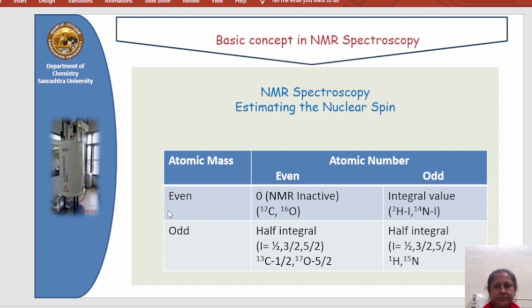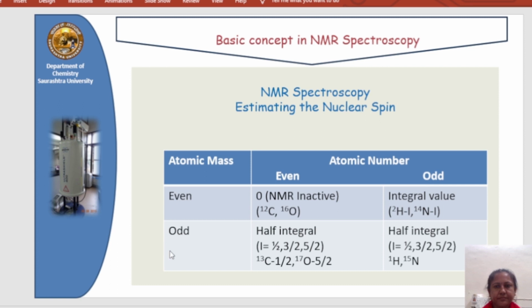After the Boltzmann distribution, the protons and neutrons are in either the excited state or the ground state, and they make a population difference. As a result, I is not equal to 0, and it is an integral spin.